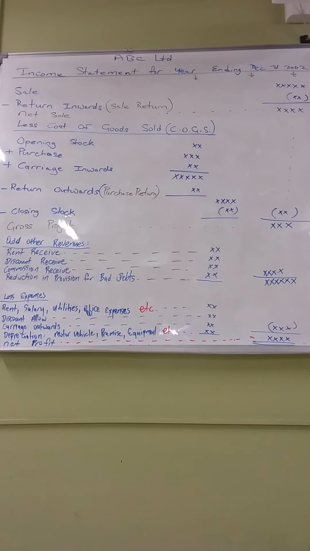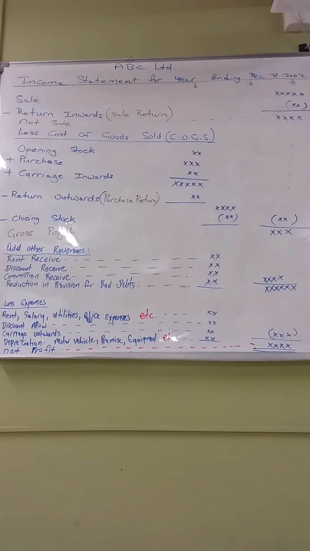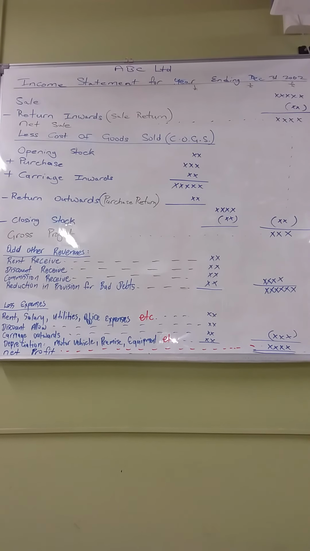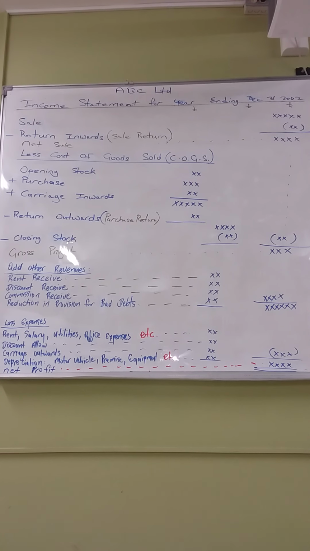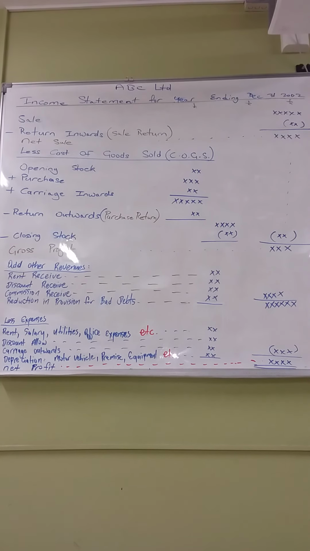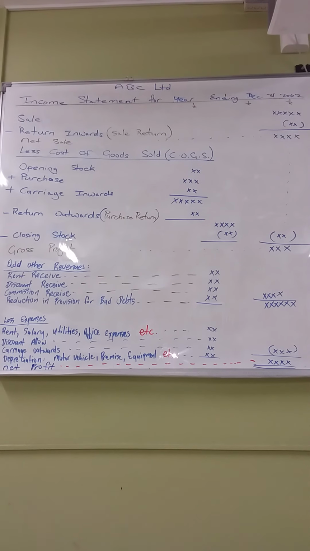The income statement, otherwise known as your trading profit and loss. At the top you have ABC Limited. That is where you put the name of the company. So if the company was, say, Zuki Limited, that is what you would put there. The first thing you put is the name of the company, followed by the income statement for year ended December the 31st, 2002.